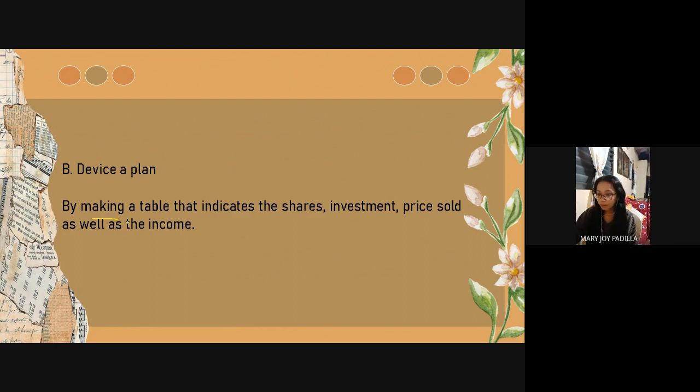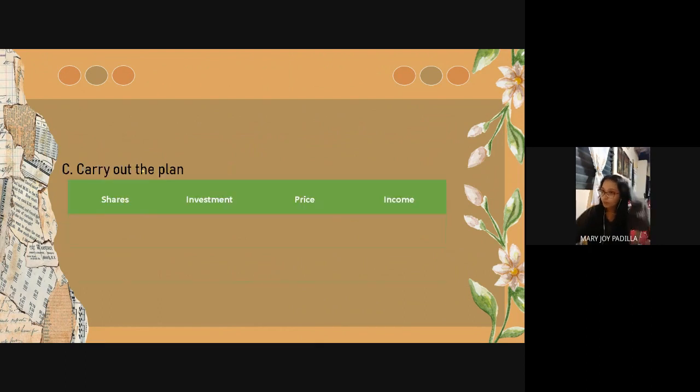So, paano ba natin siya magagawa? We can make a table. So, gagawa tayo ng table.